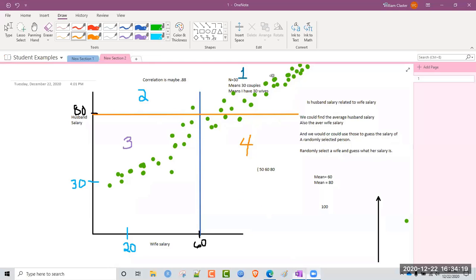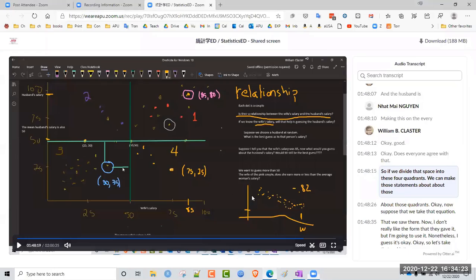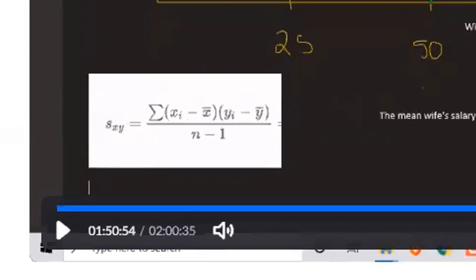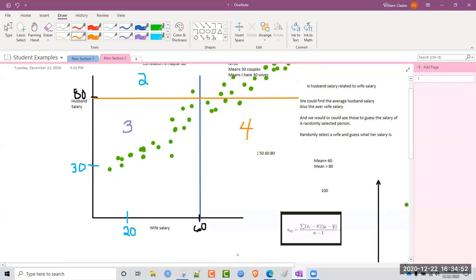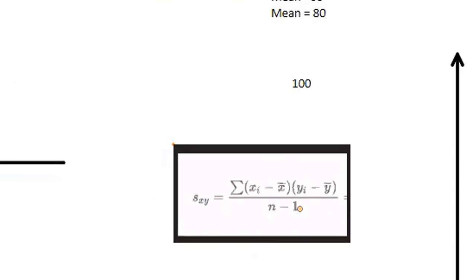If you recall from last time, we had this picture and we had this formula here. So let me take a snapshot of that. We're going to think about this calculation. We can ignore the bottom part for now, and just look at the top.